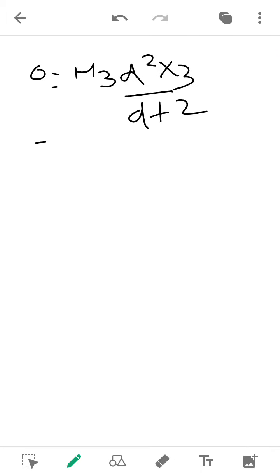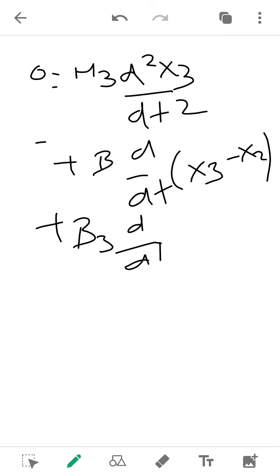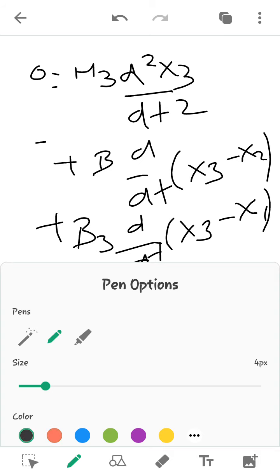Forming the nodal equation, 0 is equal to m3 d squared x3 by dt squared, then b d by dt. B is a damper that is common between the third mass element and the second mass element, and B3 is the damper again common between the third mass element and the first mass element. Now we are to make the equivalence.